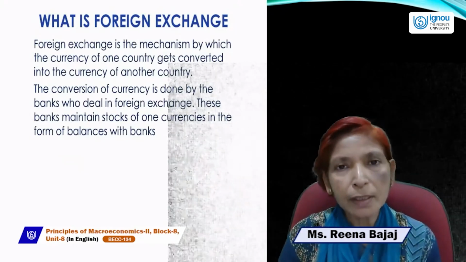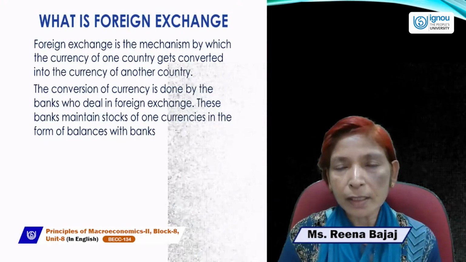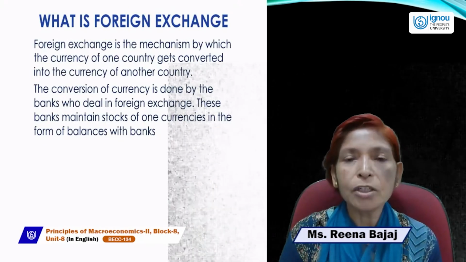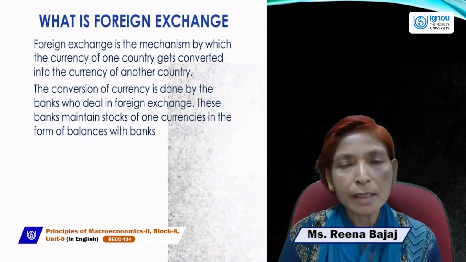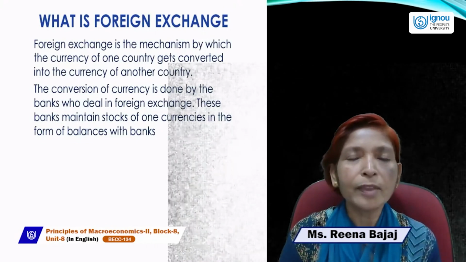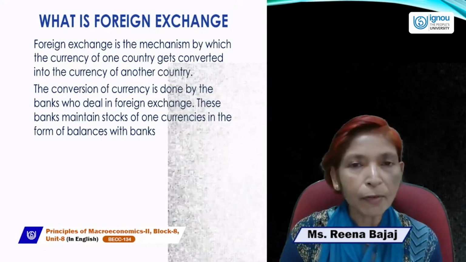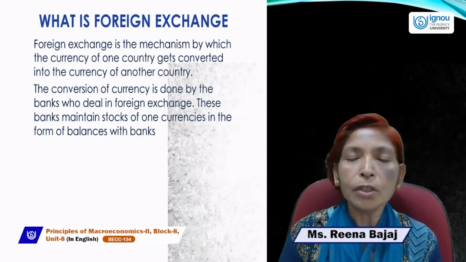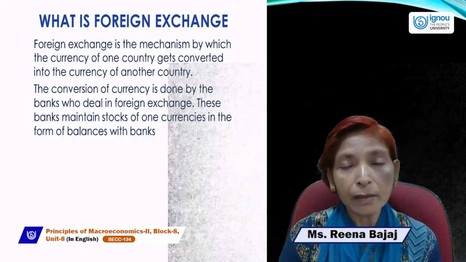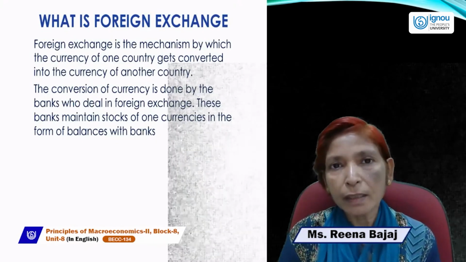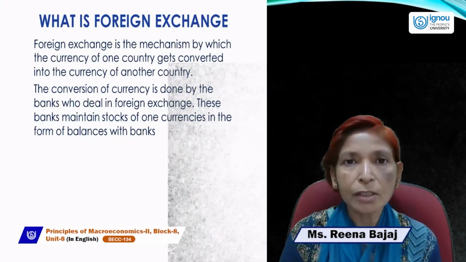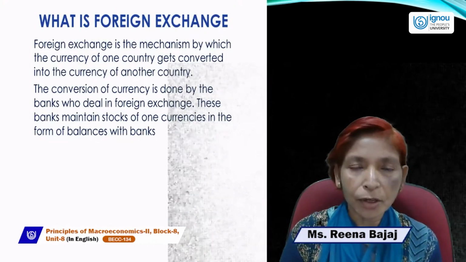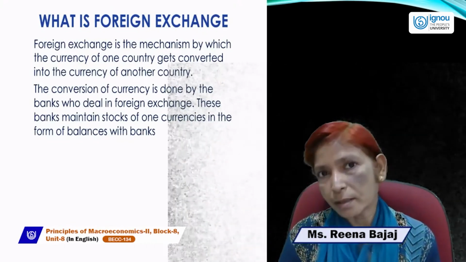For example, in India the currency is the rupee, and in the USA the dollar is the main currency. If we want to convert India's currency into USA currency, then we have to pay the rate at which we can convert rupees into dollars or dollars into rupees.